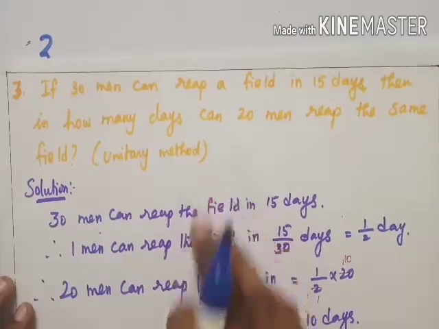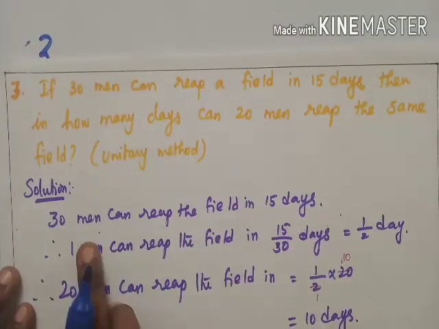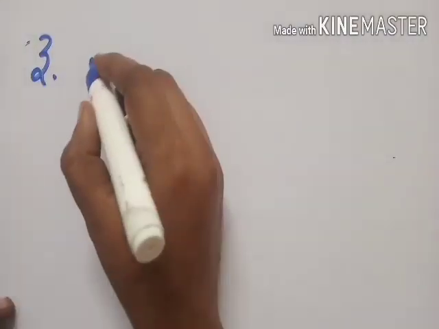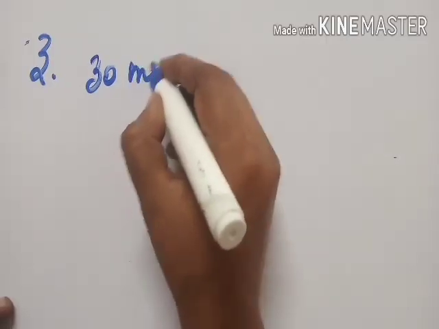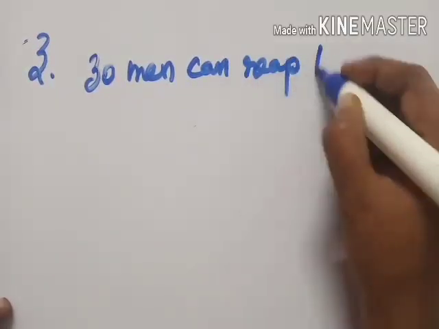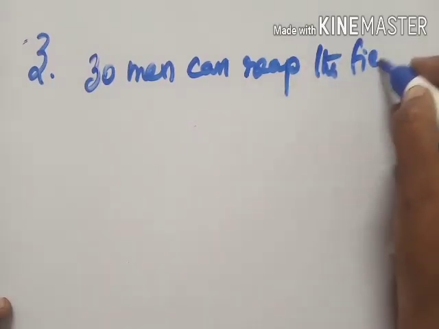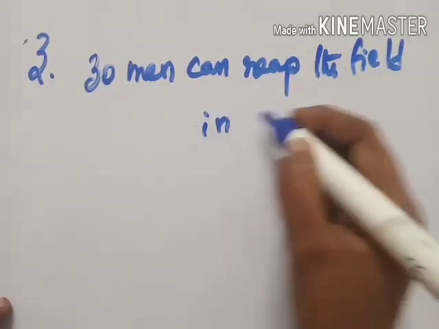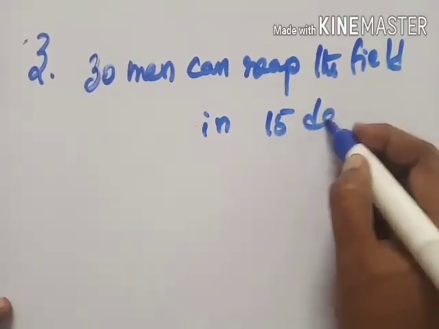Unitary method, I am going to do this sum, right? 30 men can reap the field in how many days? 15 days.